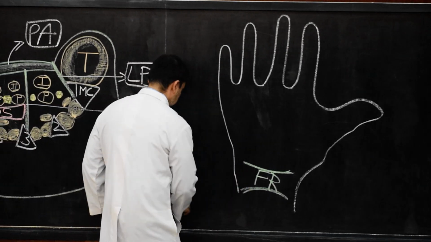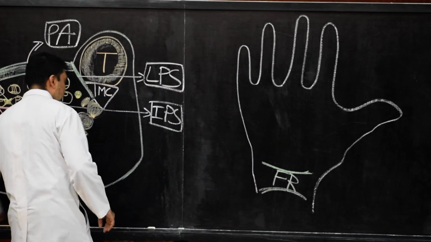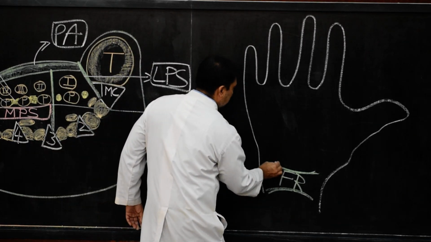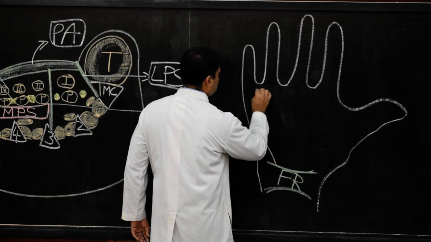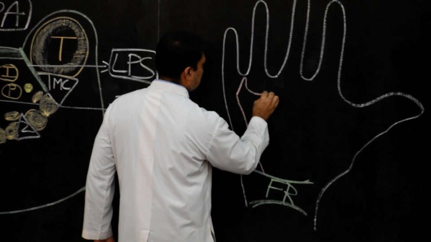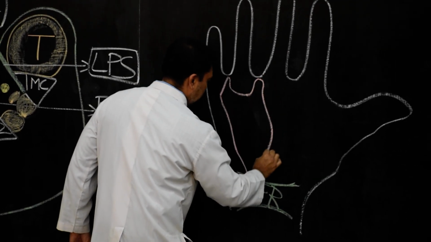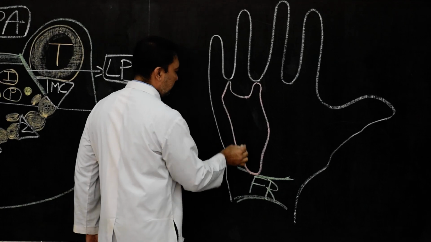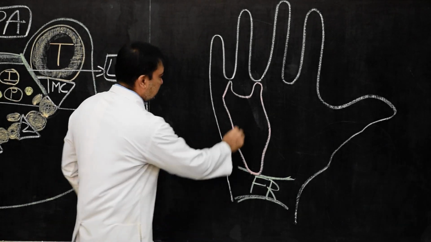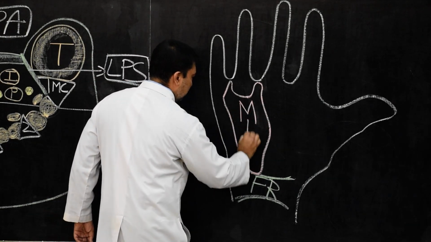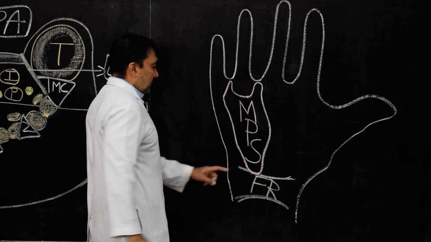Therefore, our mid-palmar space, which is triangular, here we show the proximal and distal boundaries. So here we show this extension and this extension and we complete this mid-palmar space. So this is exactly the mid-palmar space.